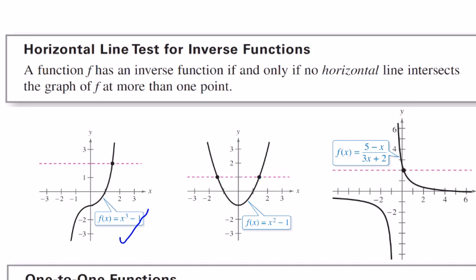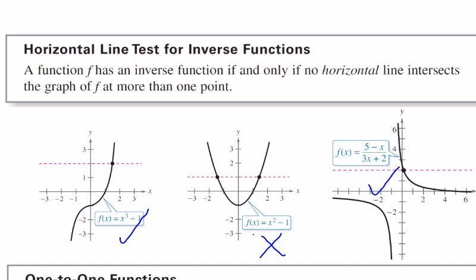And so that means that this one does not have an inverse, okay? If I were to try to find an inverse of this function, I wouldn't be able to. And then this one here is a reciprocal type function, and in this case, it does pass the horizontal line test, right? If we drew a horizontal line anywhere, there'd be nowhere where it crossed more than once, okay? And so this one would have an inverse.